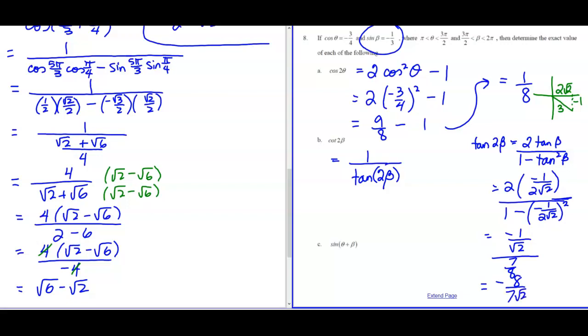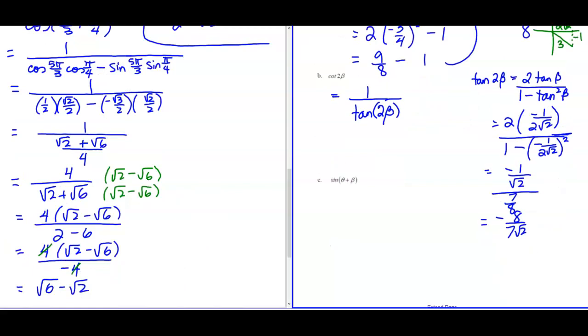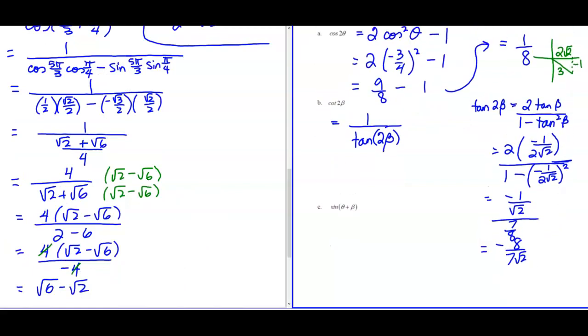Okay, so notice here, I think I've done that correctly. So evaluated, the -1 squared is +1. 2 root 2 squared is 8. 1 minus 1/8 is 7/8. This is 8 over 7, the root 2 stays down there.